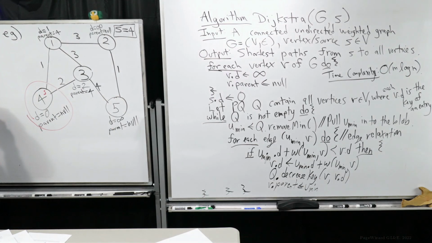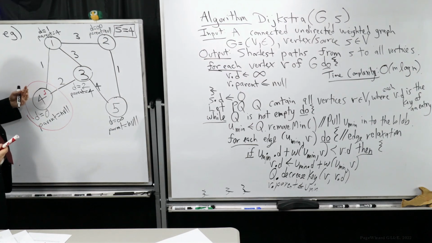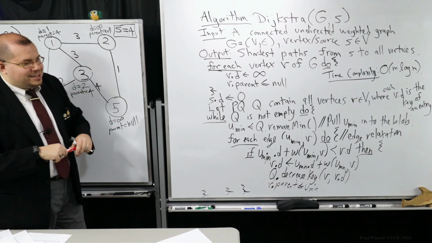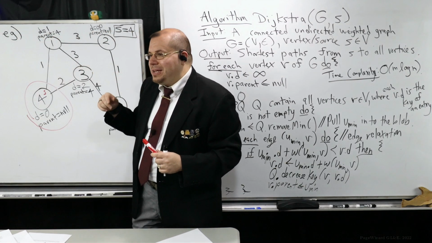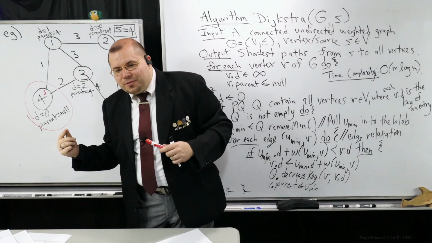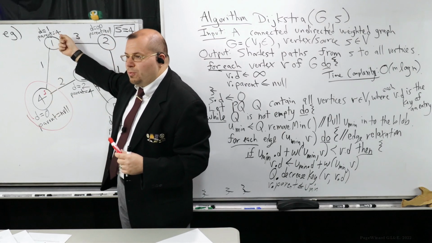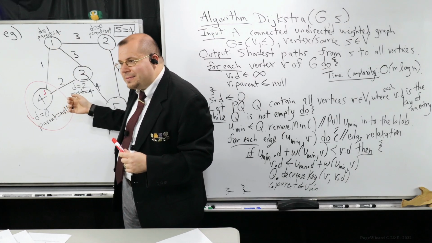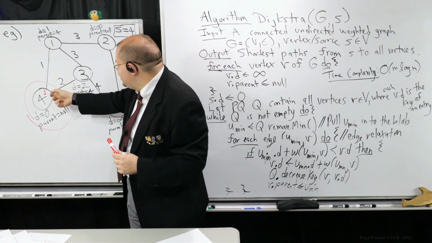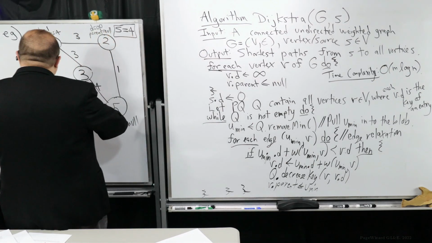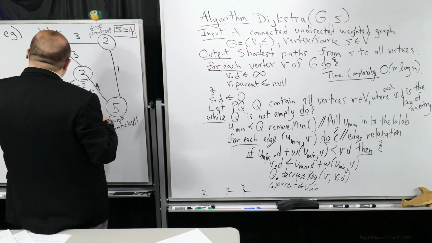In that case, that would be vertex 1. So how do I know which edge I extend from vertex 4 to vertex 1? Which edge do I add to the shortest path tree? It's this one. It's always u min and its predecessor.